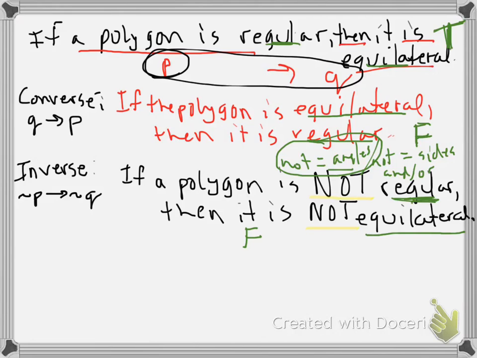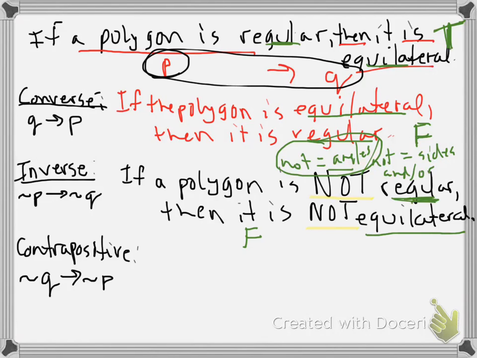Okay, and the last one they want you to do is what they call the contrapositive. So contrapositive is kind of everything's being done. You're not only negating it, but you're switching the order. So you're saying not Q, if not Q, then not P. And you just have to remember these rules. The converse, inverse, contrapositive.